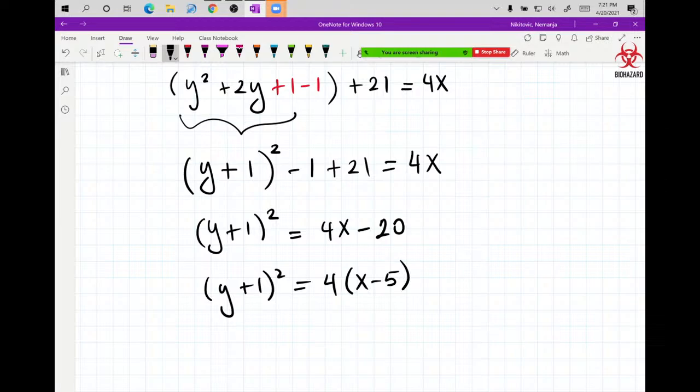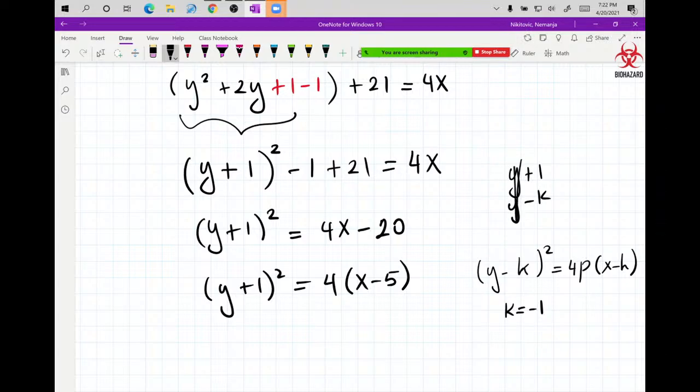So if you carefully look at this, it matches y minus k squared is equal to 4p times x minus h. So your k is negative 1, because when you compare the two parentheses, you have y plus 1 and y minus k. See that?